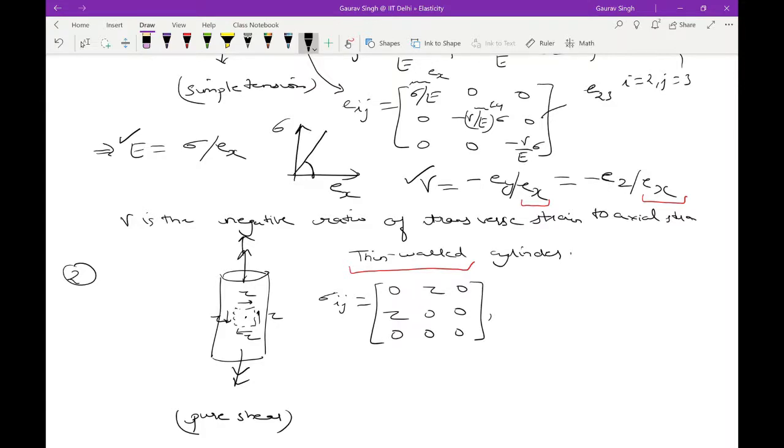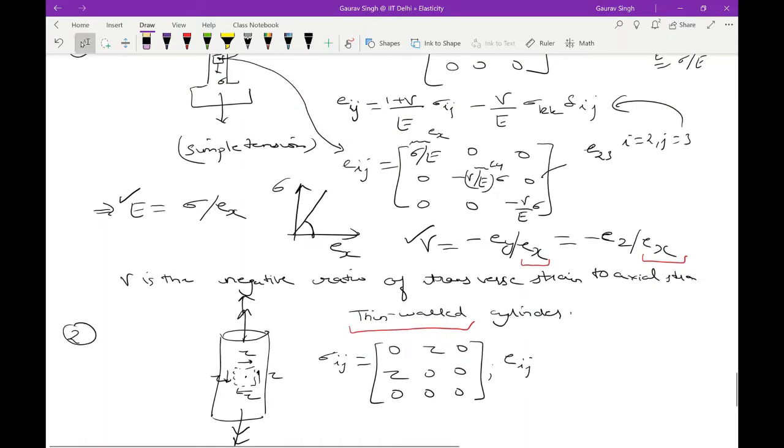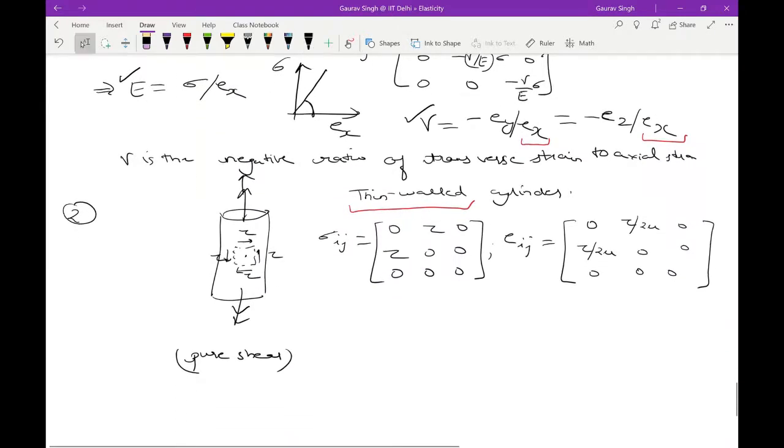Okay, now you can again apply the Hooke's law, this particular relation, in the same way as you had done before, and find the strain at this point of interest. So that would be the state of strain, 0 tau by 2 mu 0, tau by 2 mu 0 0, 0 0 0. Okay, so we have found out this value.